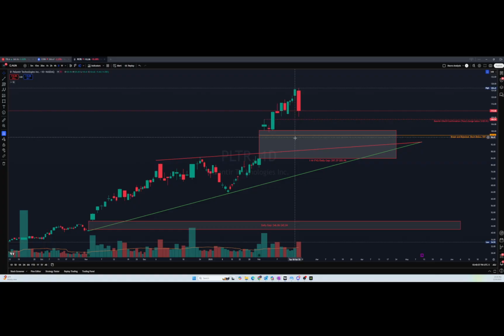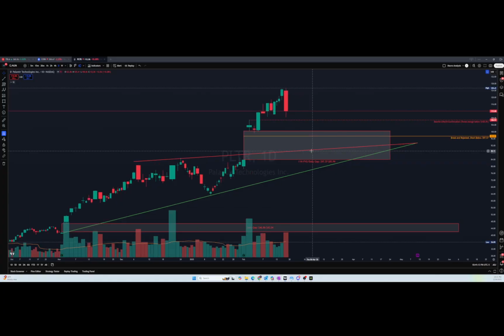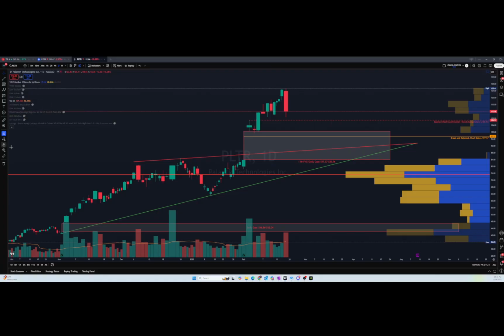So what I would want to see happen next is this. I would want to see a rejection, or the Palantir chart go below 105, to see this daily gap get filled. If you look at the volume profile, you'll notice right here there is a gap on the volume profile, the shelf right here.